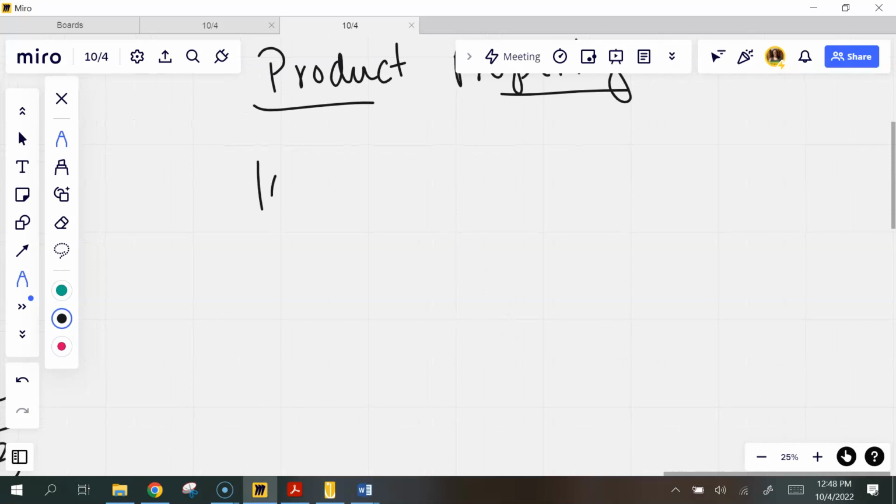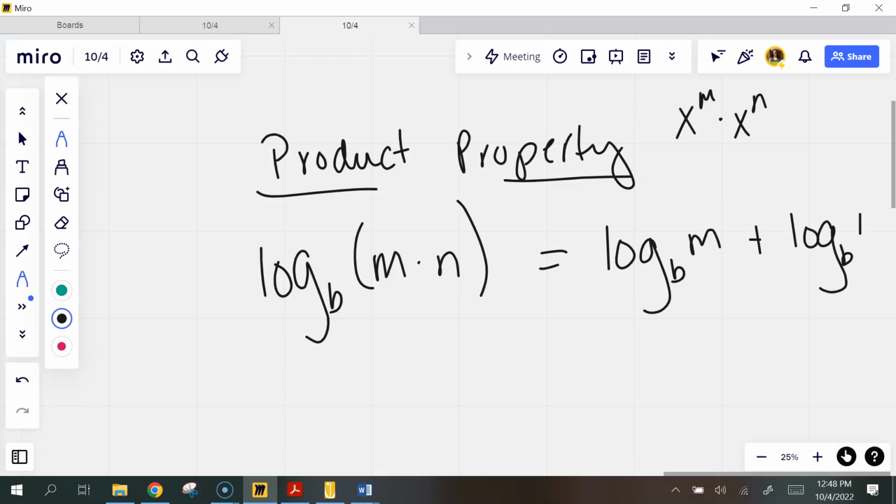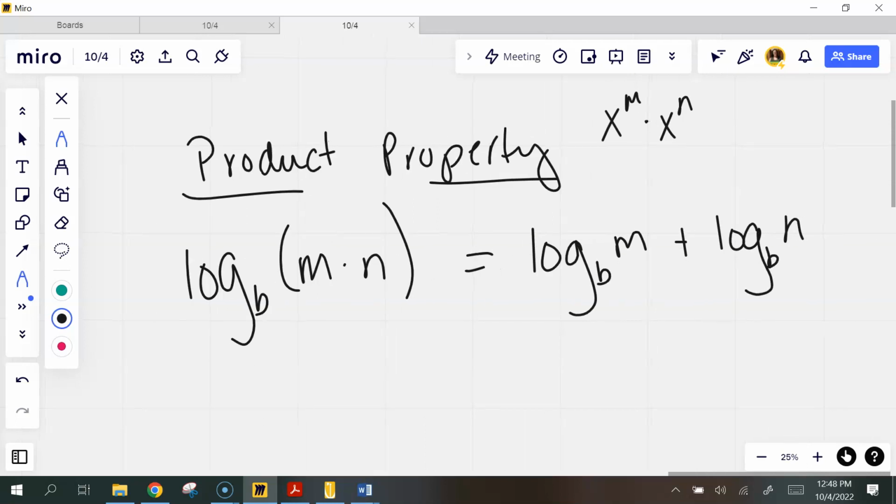The first one, log base b. If I am multiplying inside here, my base is the same. If you are talking about exponents and you multiply two things that have the same base, what do you do with those exponents? You add the exponents, right? I'm going to do the same thing here. To expand this out, I split it up with addition, keeping the base the same, but I add.